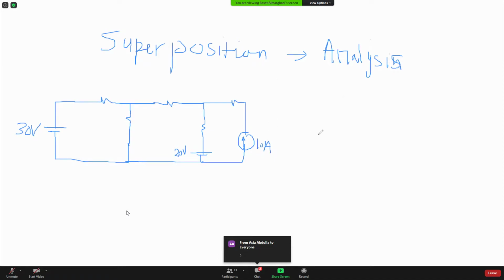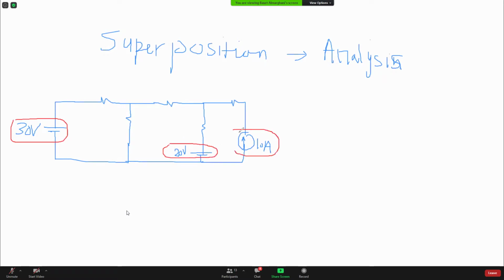How many voltage sources, and how many current sources? This is a voltage source, this is a voltage source, and this is a current source. So we have three sources.